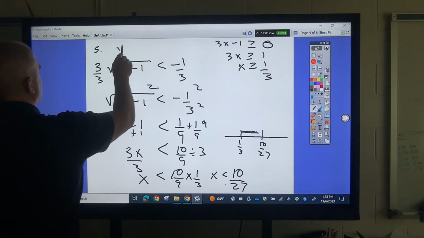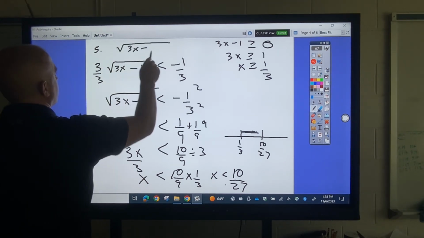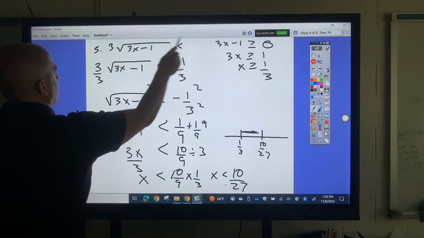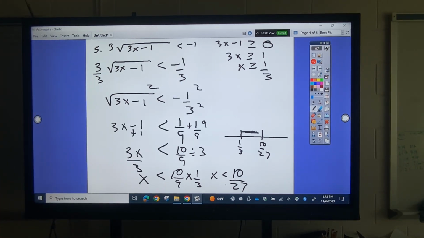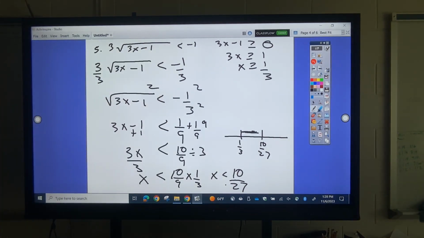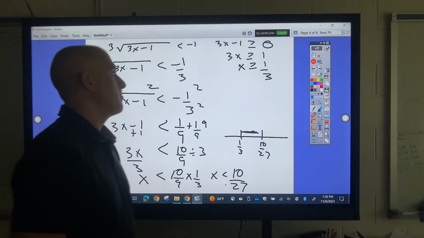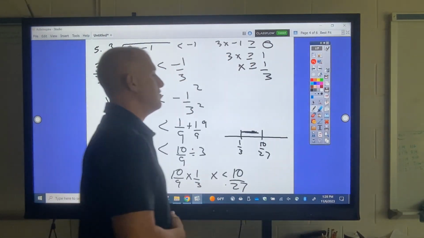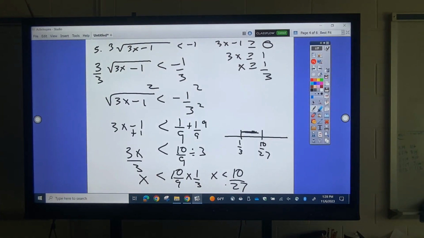So this original problem was this. And that's why I couldn't have that being negative. So even if this sometimes works, or if your answer somehow didn't end up in the domain, you wouldn't have a correct answer.